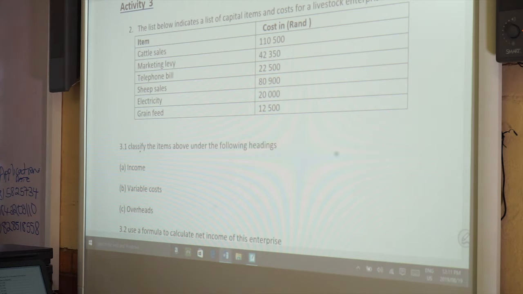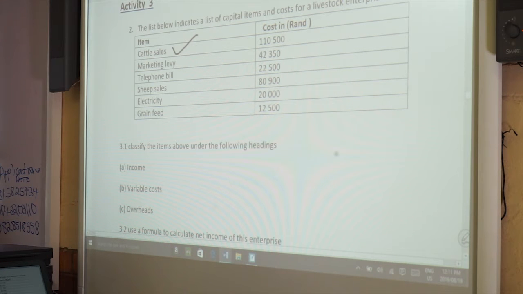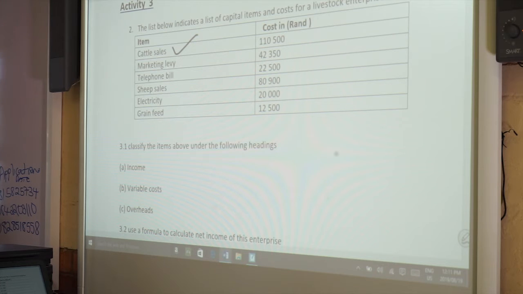Number 1, income. So cattle sales give us income, so it's money that is coming in. Variable cost, the one that varies with the level of production. So once there is high production, then electricity is going to increase. And then overheads, marketing levy is going to increase as well if the production increases.